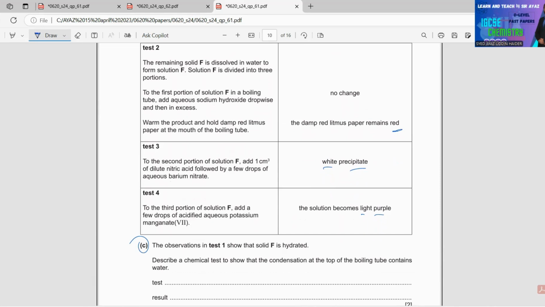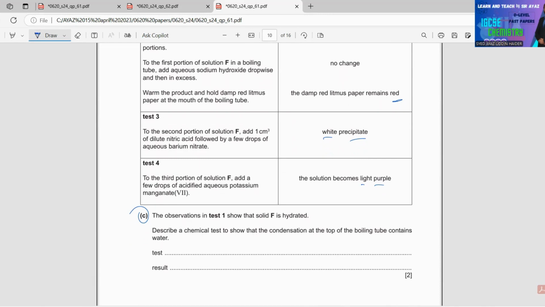C. The observations in test 1 show that solid F is hydrated. Describe a chemical test to show that the condensation at the top of the boiling tube contains water. They are asking about the test and result for water. So we have two tests in our syllabus. One is anhydrous copper 2 sulfate, or anhydrous cobalt 2 chloride.